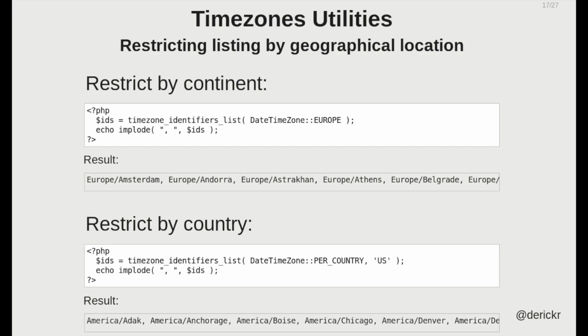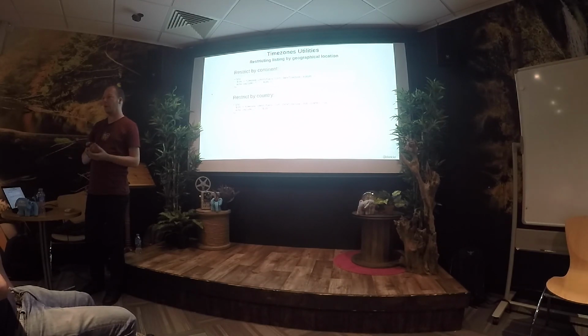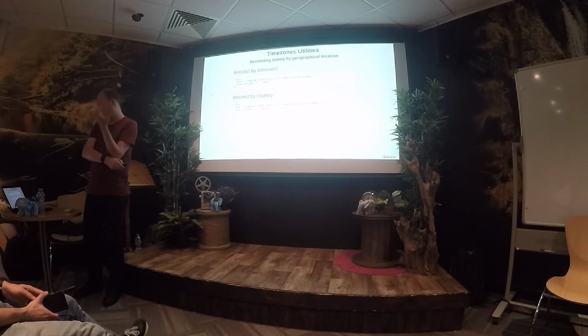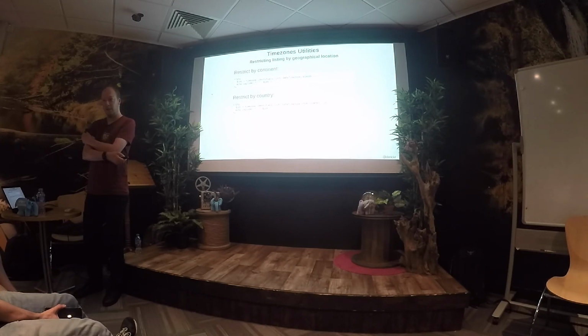So you can do a little bit more with time zones because, I mean, there's a database in there, so there's some utilities that you can get out of it, which can sometimes be useful for figuring out which regions or which countries, which time zone identifiers belong to that specific region. So if you want to list all the time zones that PHP supports for Europe, you do timezone_identifiers_list with DateTimeZone::EUROPE, and then you get the following output.